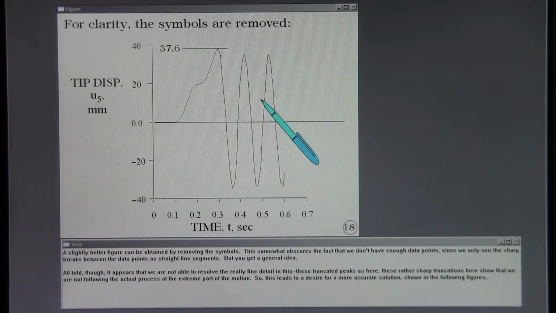All told, though, it appears that we're not able to resolve the really fine detail in this. These truncated peaks, these rather sharp truncations here, show that we're not following the actual process at the extreme part of the motion. So this leads to a desire for a more accurate solution shown in the following figures.